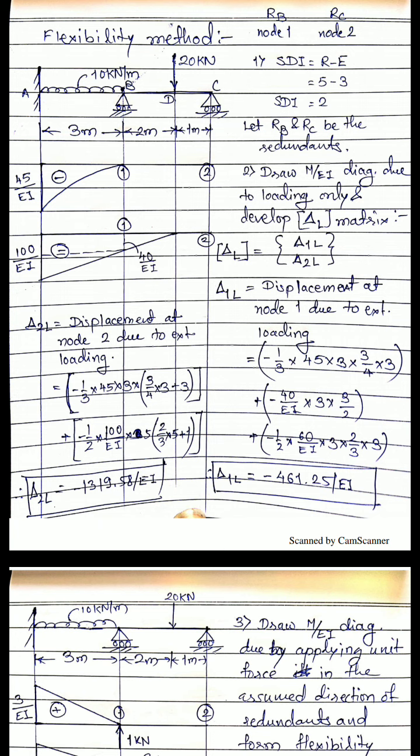Because it's a hogging bending moment. 1/3 into base into height: base is 3, height is 45 by EI, into 3/4 of 3. That means we have to consider only the moment of this area of the M by EI diagram, but that moment is with reference to node 1 only. So you have to find the distance from node 1.